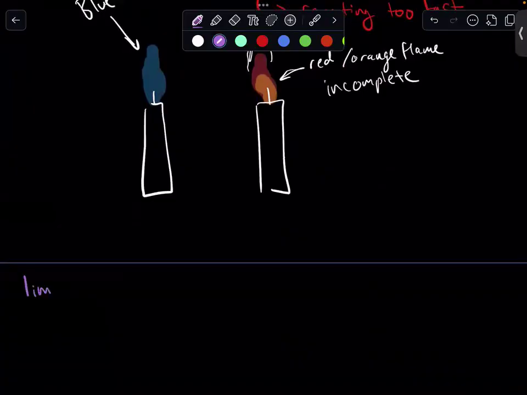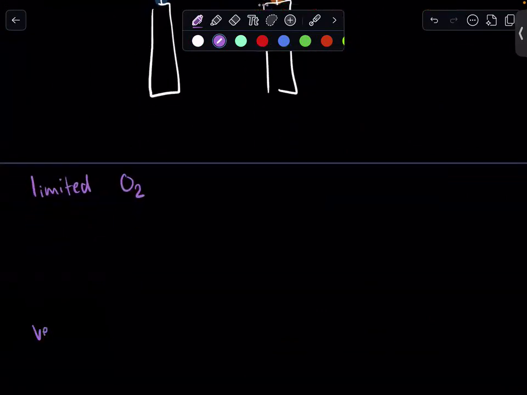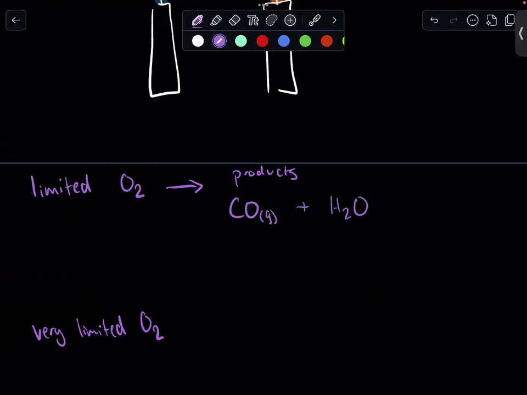If we have incomplete, we have two varieties. So we have limited oxygen environment versus very limited oxygen environment. Now, in a limited oxygen environment, our products change to carbon monoxide, also a gas, and we still get water.